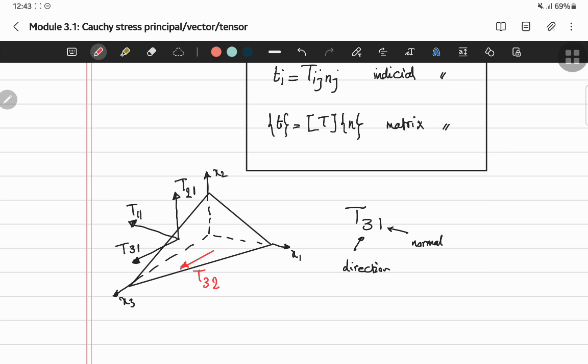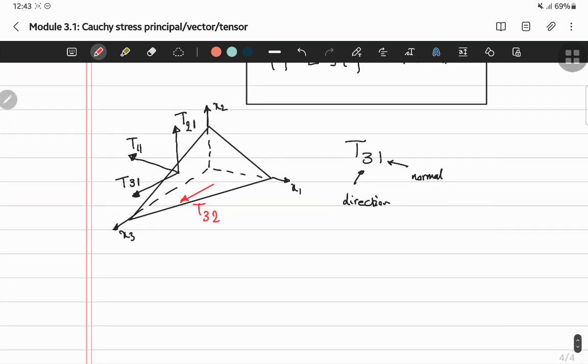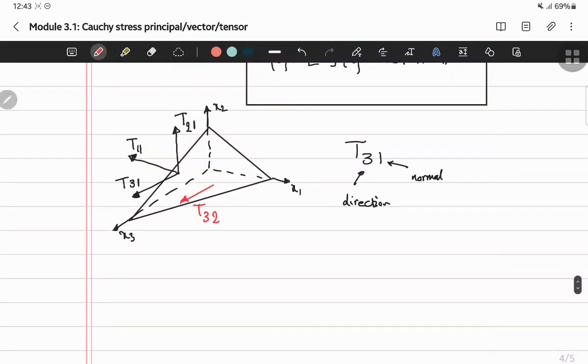All right. We call these components here normal components, and we call these tangential components.